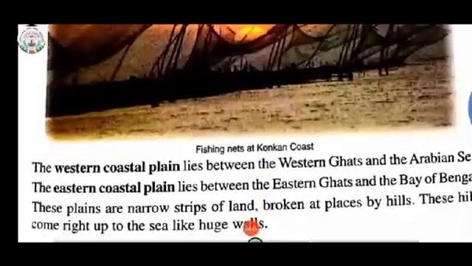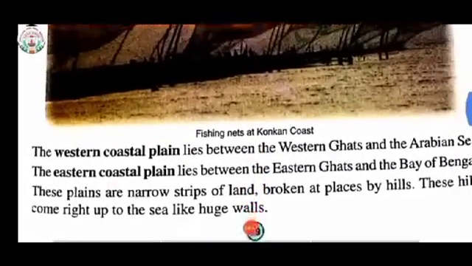Now, the western coastal plain lies between the Western Ghats and the Arabian Sea. The eastern coastal plain lies between the Eastern Ghats and the Bay of Bengal. These plains are narrow strips of land broken at places by hills.